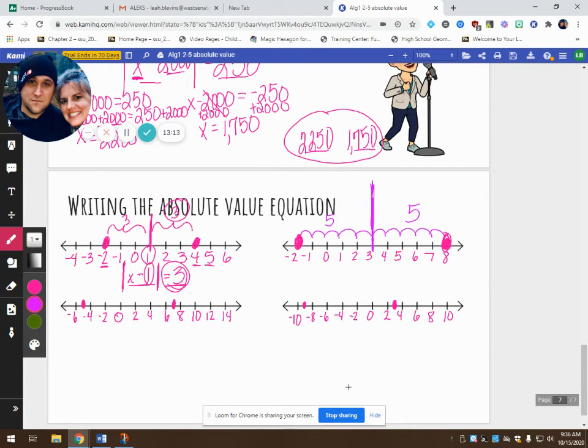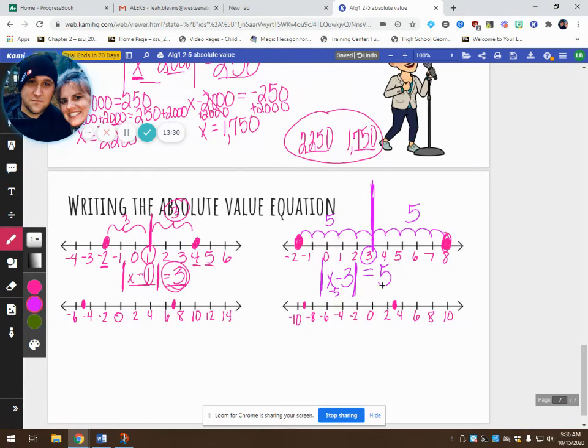So number 3. Let's just try our theory here. Our 5 will go here. Our absolute value of x minus, let's look at this number, 3. Let's see if that works. Let's plug it in. -2 minus 3 is -5.